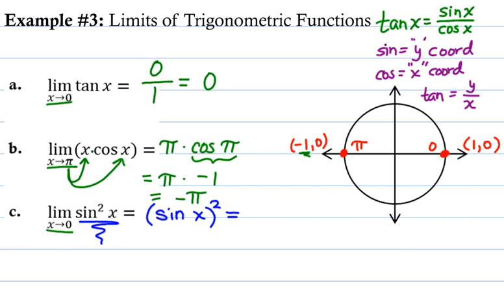So I am looking for the sine of 0, squared. I go to 0 degrees or 0 radians. It's right here. And sine is the y-coordinate, so the y-coordinate at 0 is 0. So here I have 0 squared, which is 0. And that's limits with just some little trig.